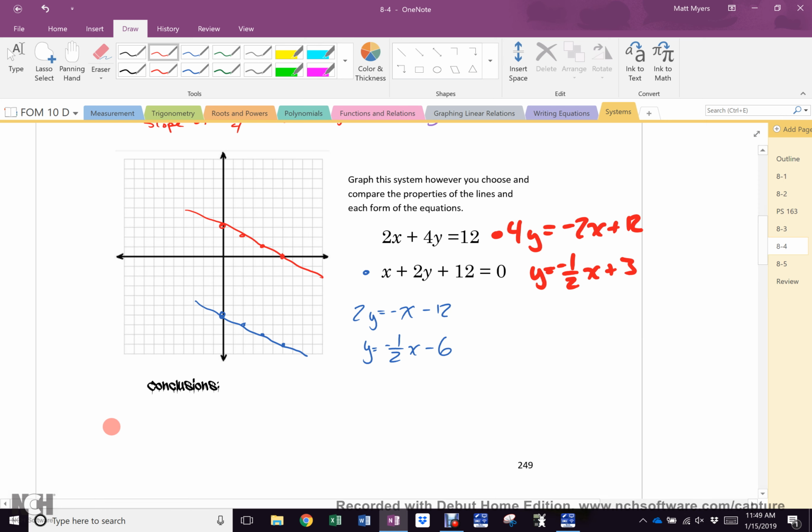When you have finished graphing, tell me the properties of the blue line. And the red line.